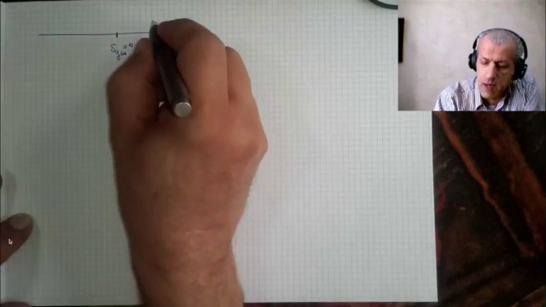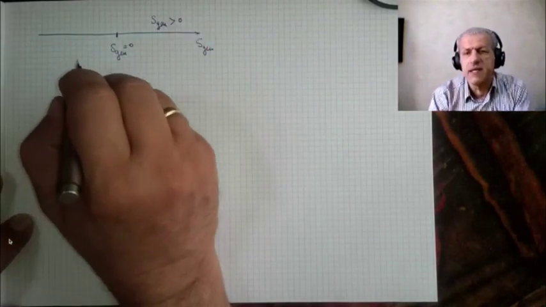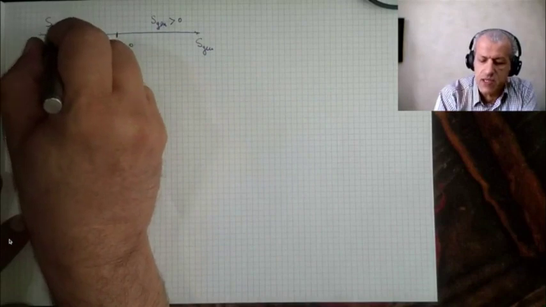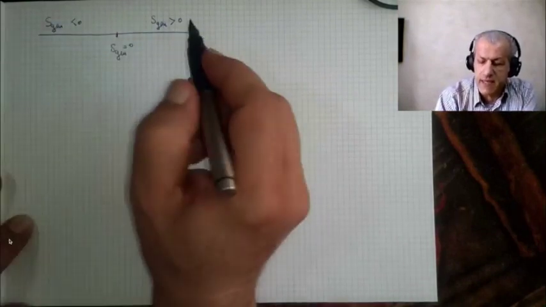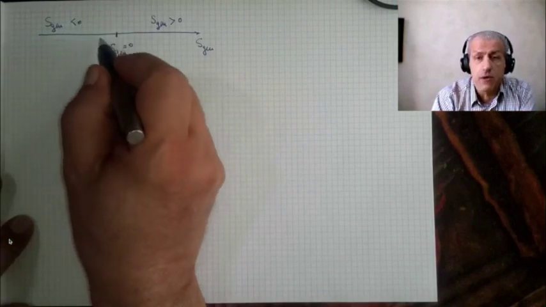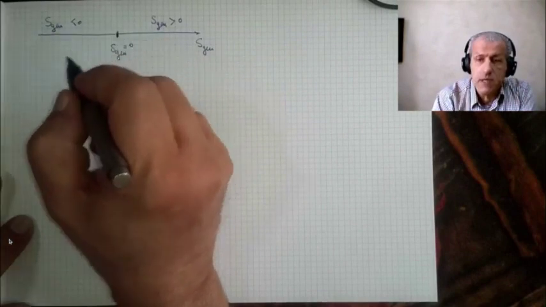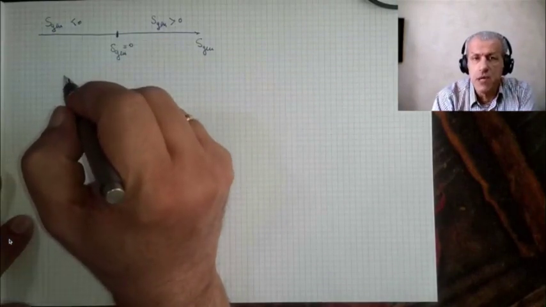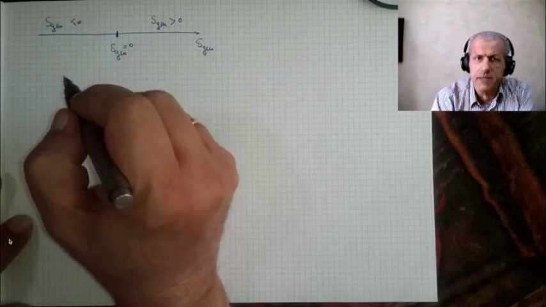This is where Sgen is positive, and this is where Sgen is negative. We said that this is for all possible processes, and this part is for all impossible processes, and this point is the boundary between possible and impossible processes.